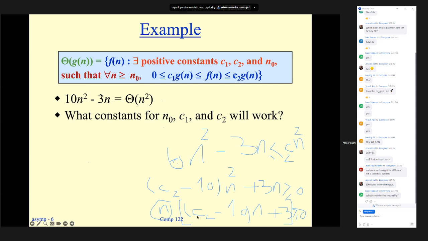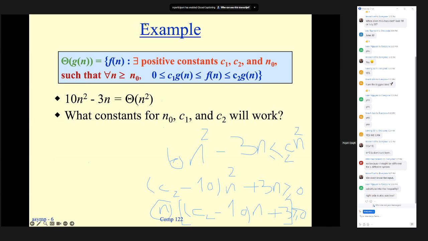This is the multiplication of two numbers. If one of them is positive and the whole expression is positive, this one is going to be positive too. So we should consider C2 minus 10 n plus 3 is going to be positive. And if n is more than 1, because these are positive numbers, you can find C2 based on this equation. Does it make sense?